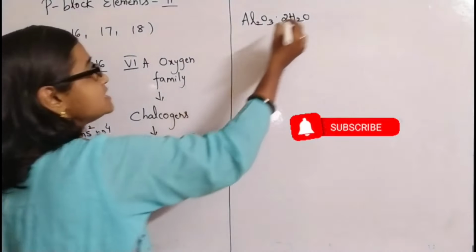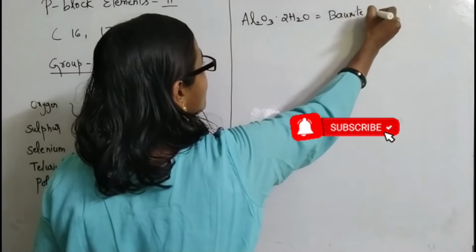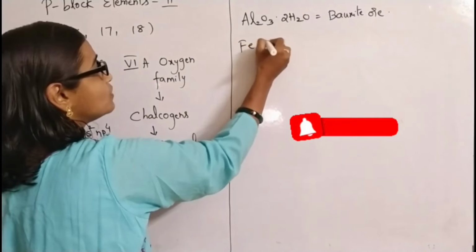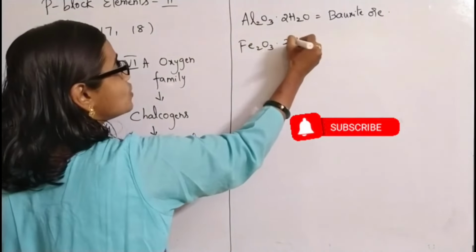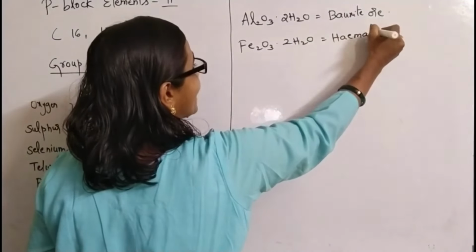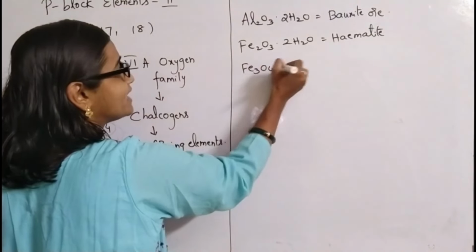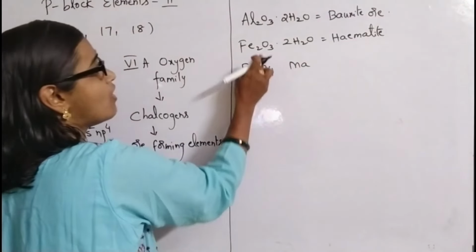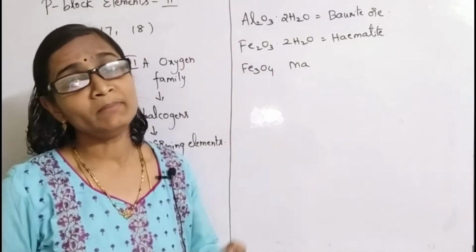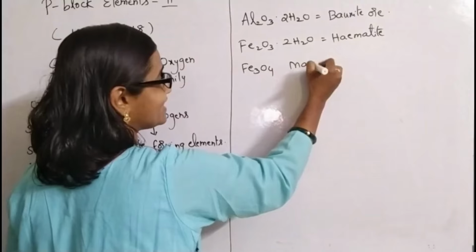Same like that hematite, Fe2O3, and magnetite, Fe3O4. All these are oxide ores, where oxygen is the main element present.